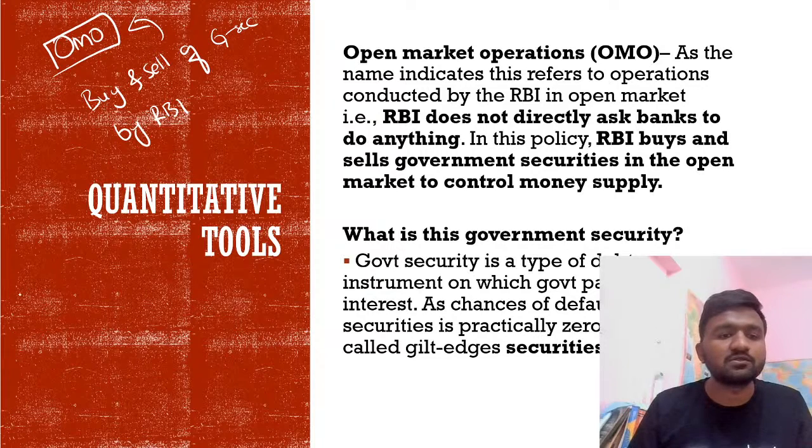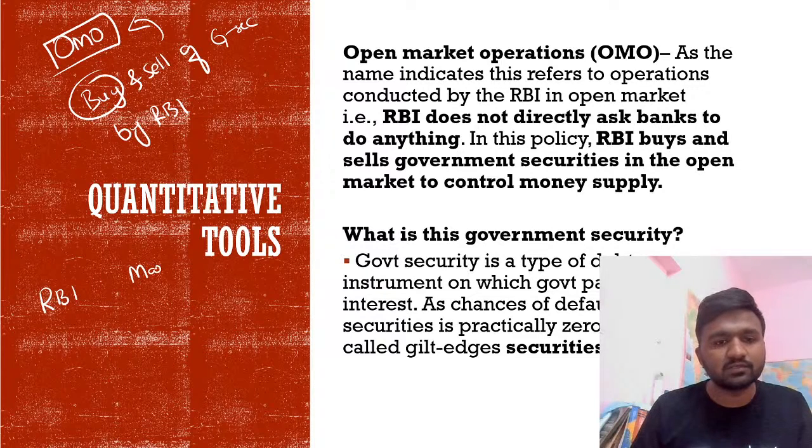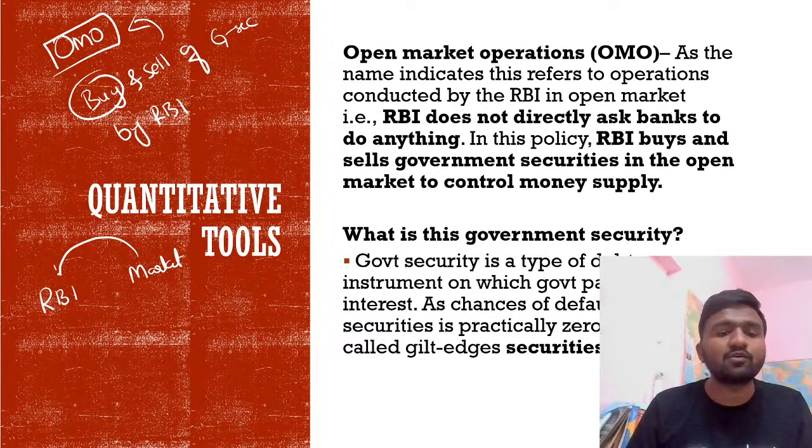Consider buying. RBI wants to buy government securities from the market. Market means the economy. RBI will go to the market and buy government securities.